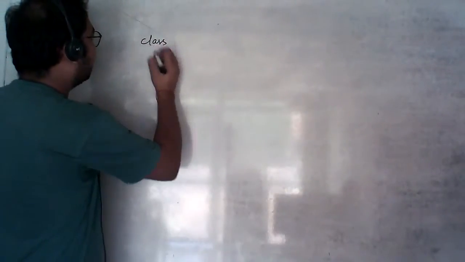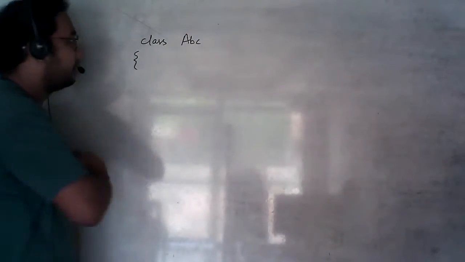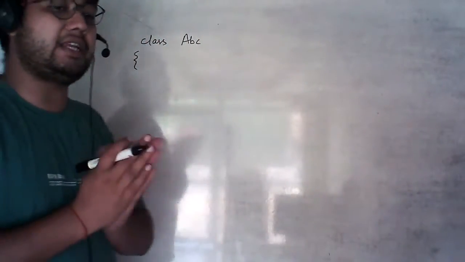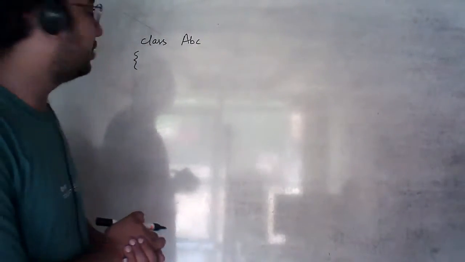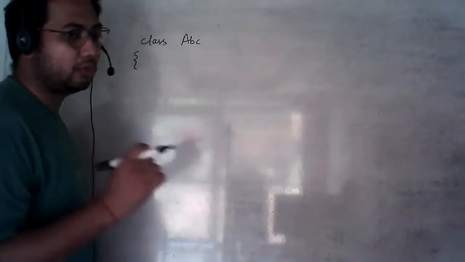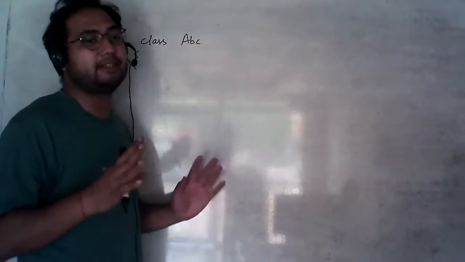Suppose I'm making a class abc, okay, and I want to make a function, and I can have any name of the function as per my choice, as per my requirement. Suppose I am going to make an easy function to add two numbers. Okay, according to my choice I will design it.